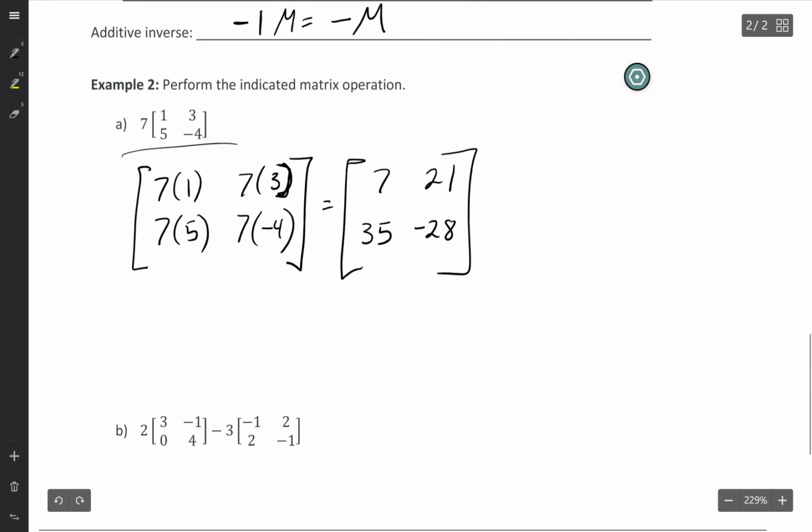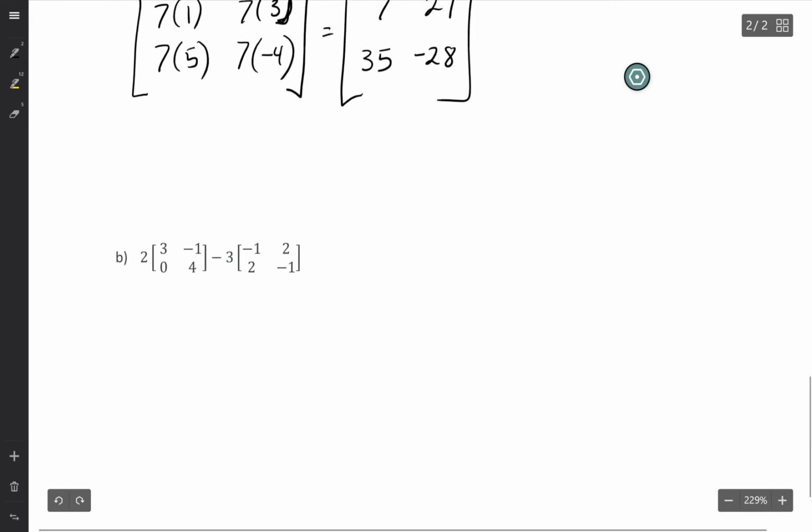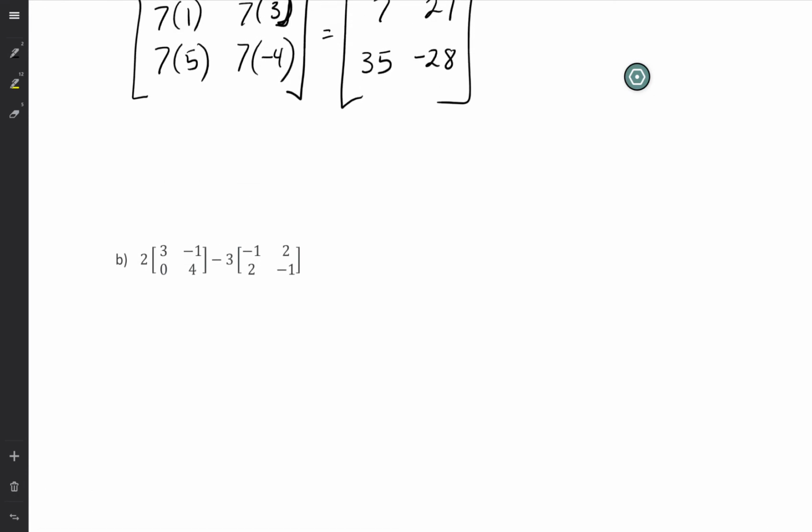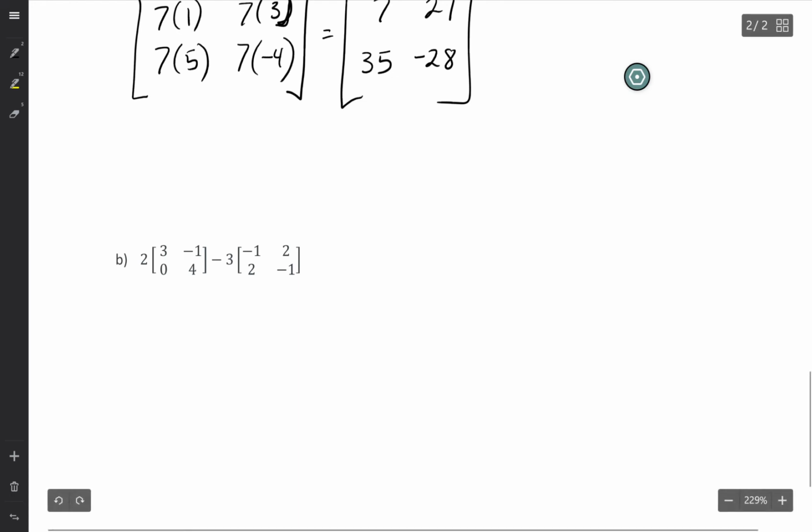Which is pretty easy. Now these can get really complicated because we can put it all together. What I recommend is that you do them separately. So you do 3 times 2, negative 1 times 2, 0 times 2, 4 times 2 first, giving you 6, negative 2, 0, 8 as your first matrix after removing the scalar. And then I got negative 3. You have an option here.